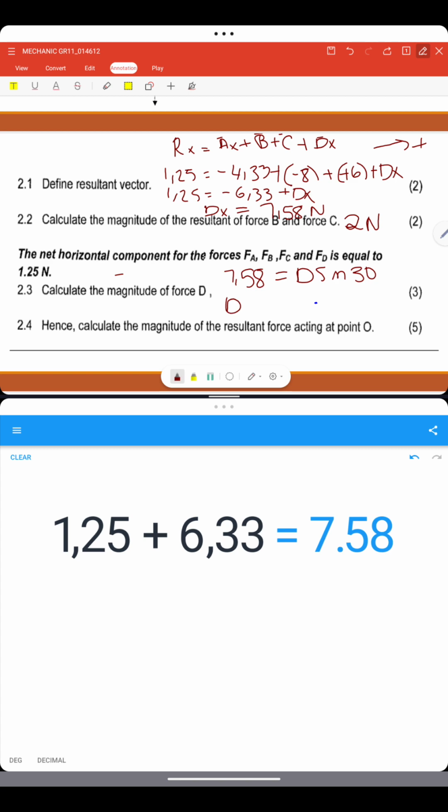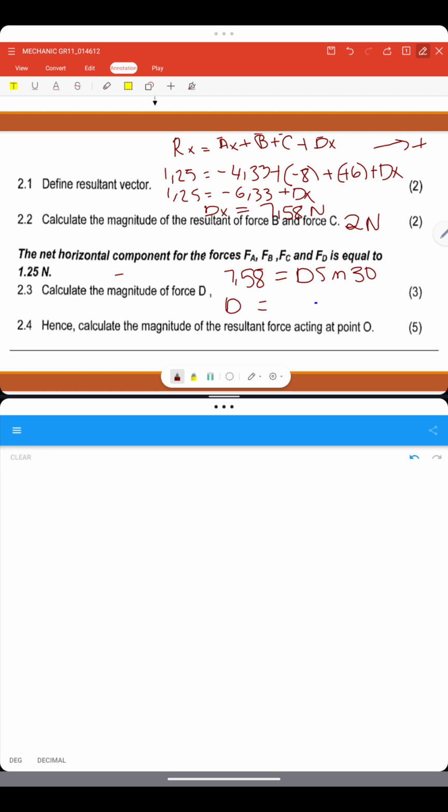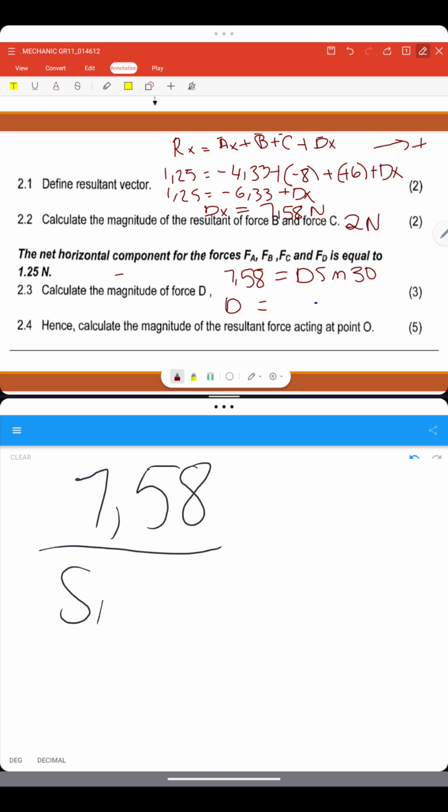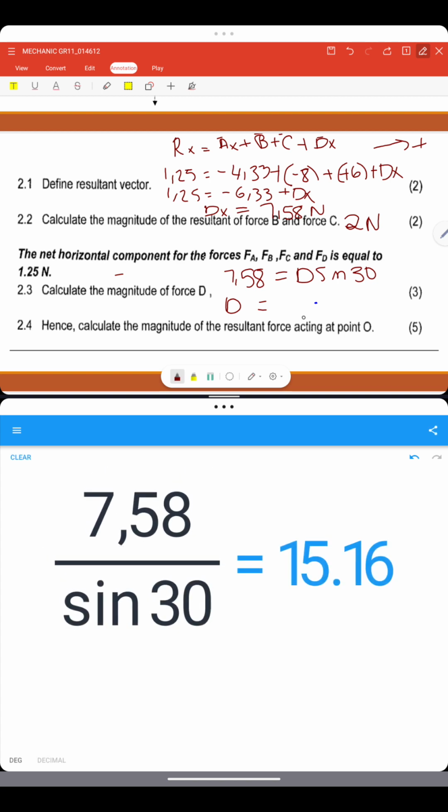So to find d, I'm going to divide both sides by sine of 30. So I'm going to have 7,58 divided by the sine of 30. Calculator tells me that will be 15,16 newtons.